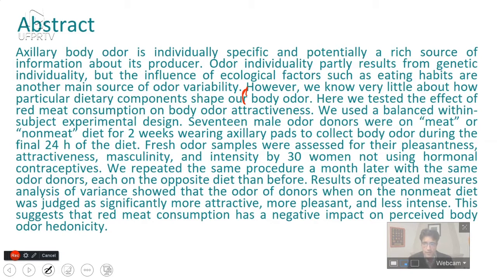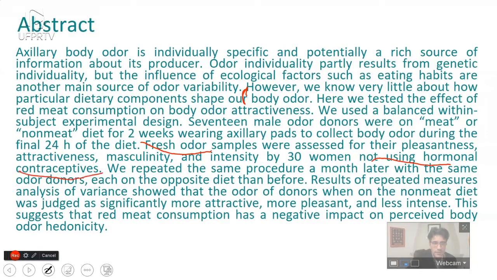They say that we used a balanced within-subject experimental design, 17 male odor donors, raw meat and then non-meat, so they talk about how it was counterbalanced, and then they talk about how fresh odor samples were assessed for pleasantness and intensity by women not using hormonal contraceptives.